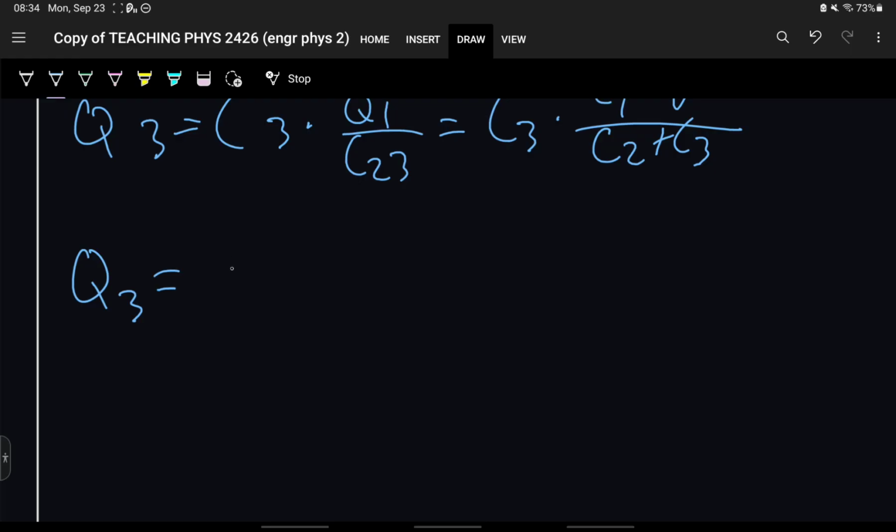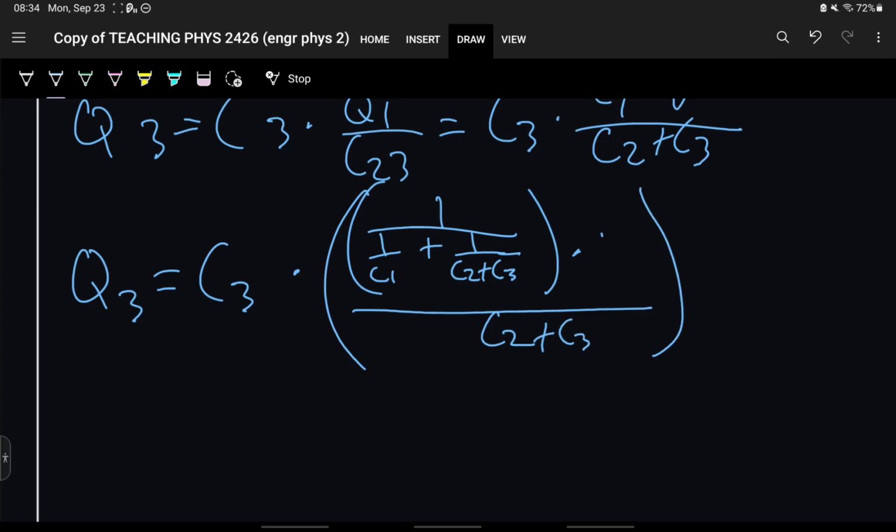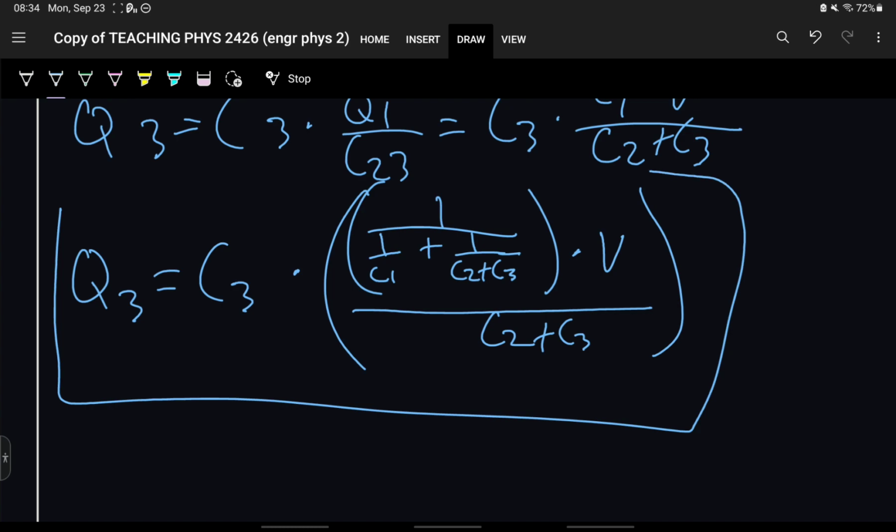So Q3 equals C3 multiplied by this big old parentheses: 1 divided by 1 over C1, and then plus 1 over C2 plus C3, and then multiplied by V, all divided by C2 plus C3. And then that was my answer.